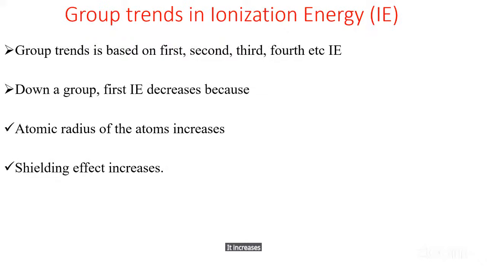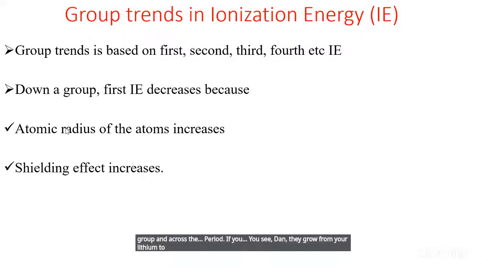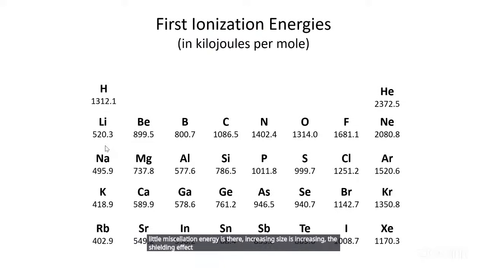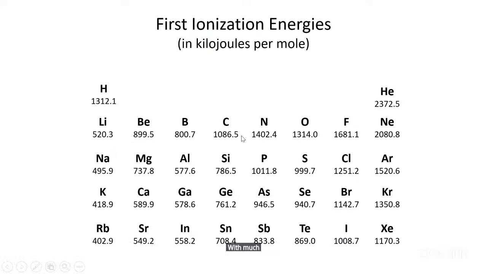So if we look at this first ionization energy, let's use it to explain ionization energy down the group and across the period. Going down from lithium to sodium to potassium to rubidium, the size is increasing, the shielding effect is increasing, and the attraction is reduced.